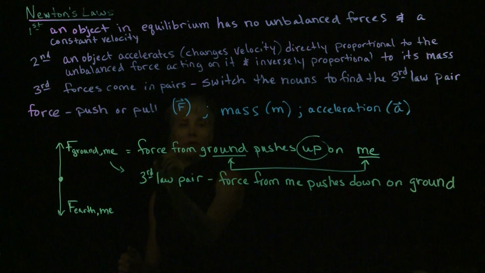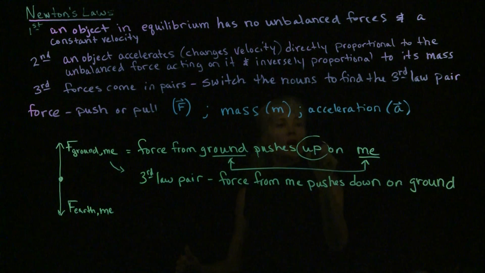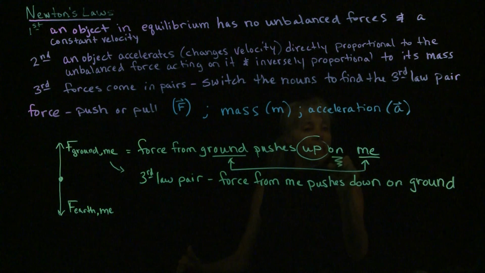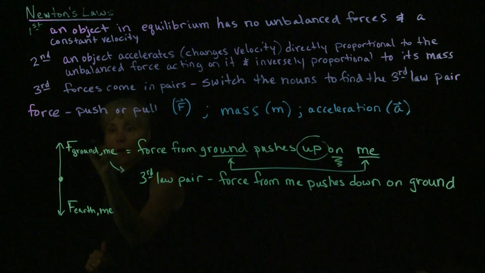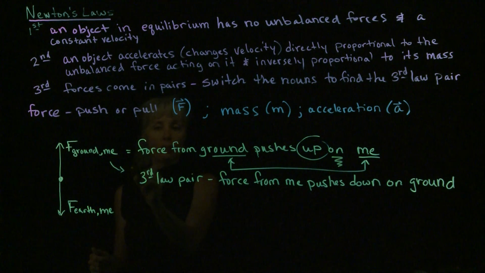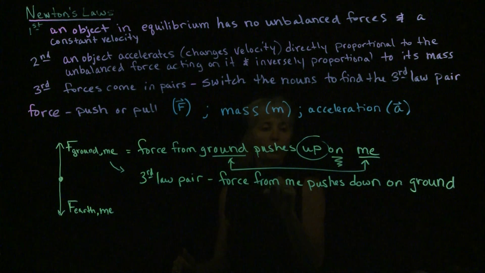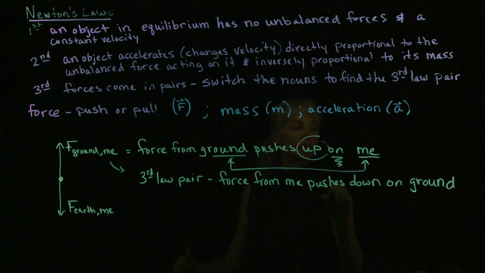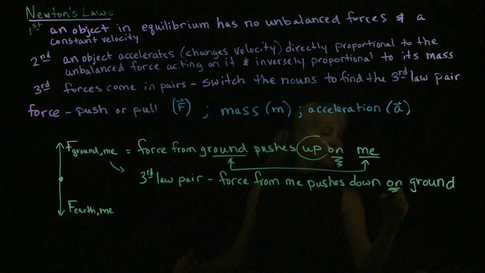The first one, the force from the ground pushes up on me. That force is acting on me. So this force belongs on my free body diagram as we have it there. What about the third law pair for that force? Well, this is a force from me pushes down on the ground. So where is that force being exerted?